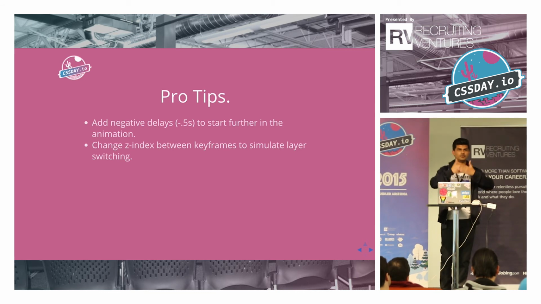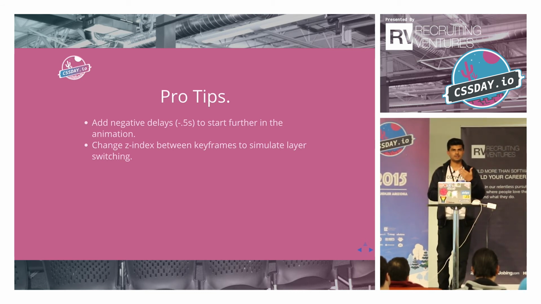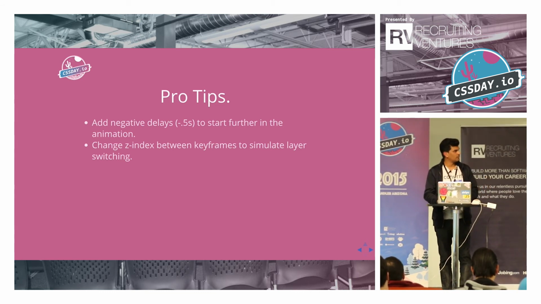If it's moving between two layers, that's how most parallax animations are done, pretty much switching the z-indexes. It just creates this illusion of things moving between each other. So try working with those tips and see if some of that comes in handy.